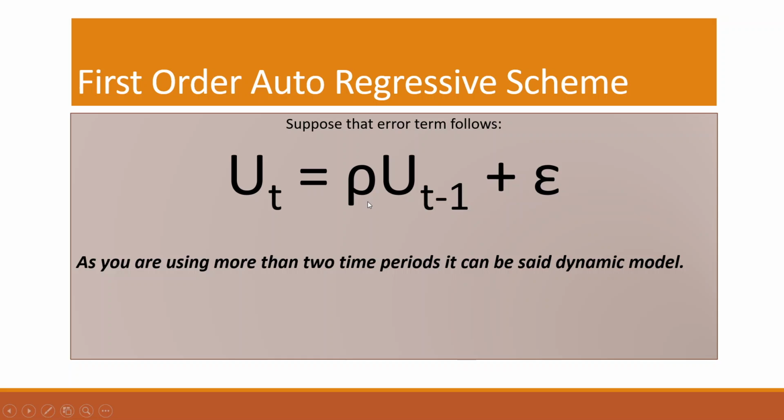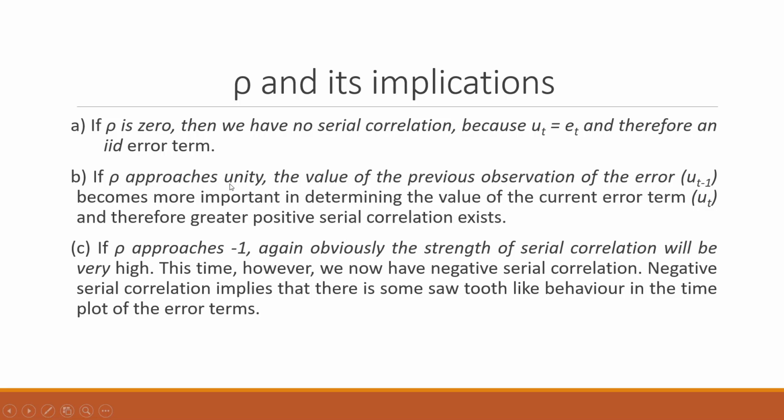If rho approaches unity, the value of the previous observation of the error, mu t minus 1, becomes more important in determining the value of the existing current error term. If rho approaches negative 1, obviously the strength of serial correlation will be very high. This time we are having a negative serial correlation. It is just like a sawtooth: positive, negative, positive, negative.